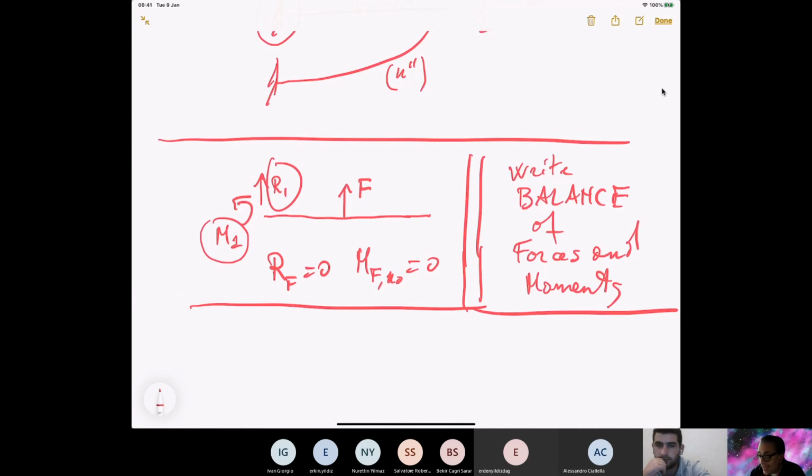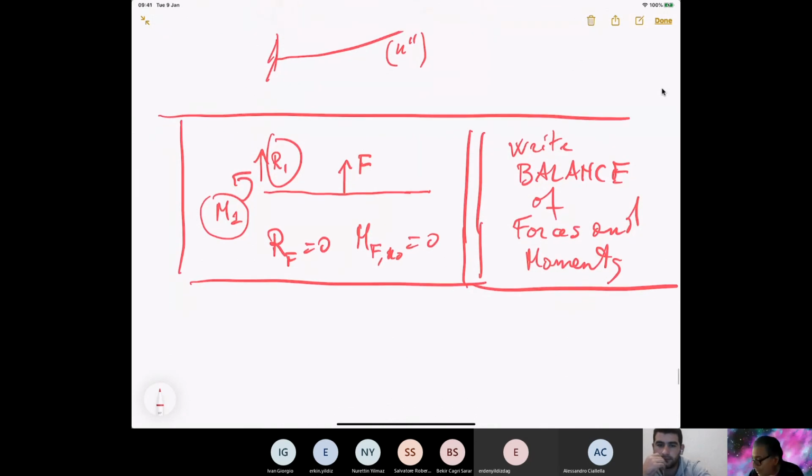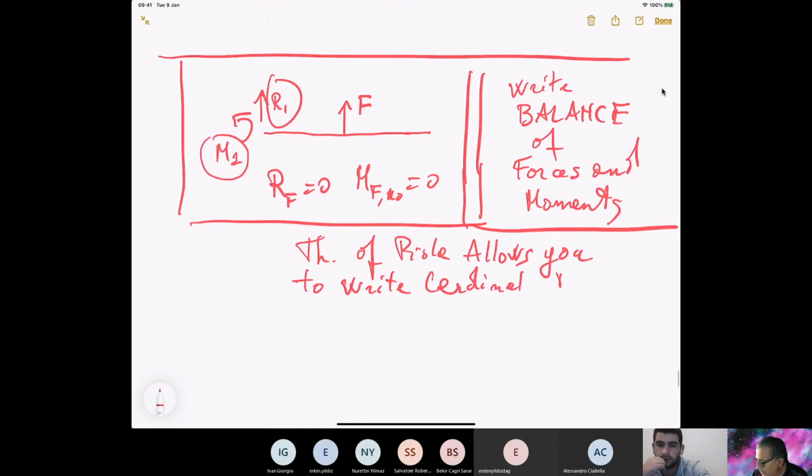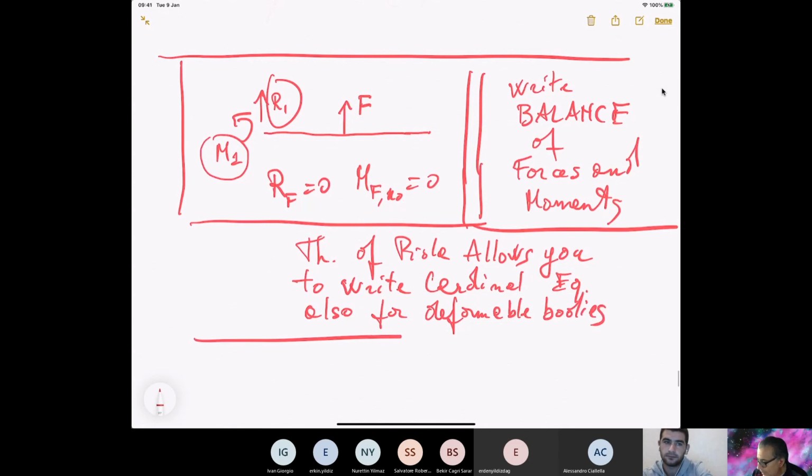Okay. So this is a trick, very useful. The theorem of Piola allows you to write cardinal equations also for deformable bodies. Okay.